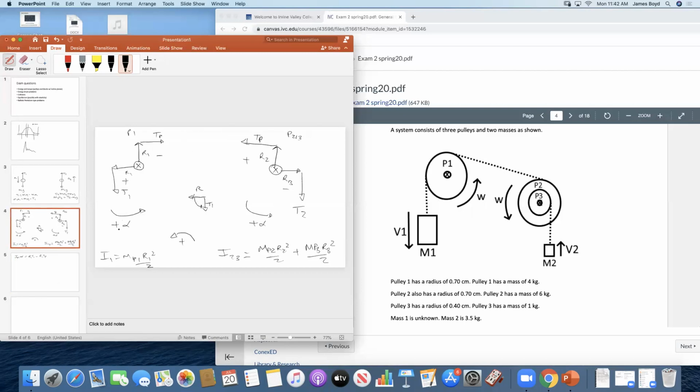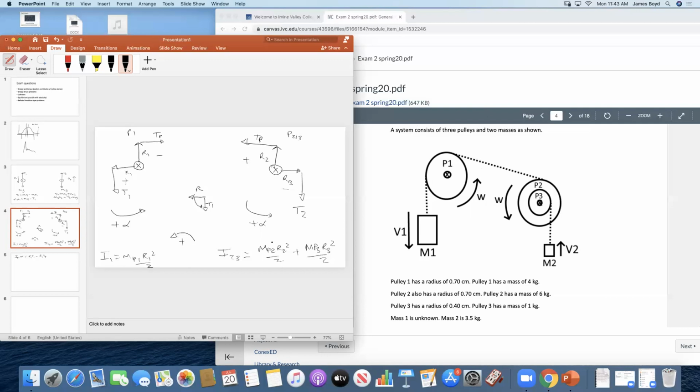So all we're looking at is we have positive alpha, positive R1 times T1, negative R1 TP. These are 90 degrees off because they're pulleys. The beautiful thing about a pulley and a tension on a pulley is it's always 90 degrees off. So the torque would normally be R cross F or RF sine theta, where theta is the angle between them. But the angle between them is always 90 degrees, which is great.